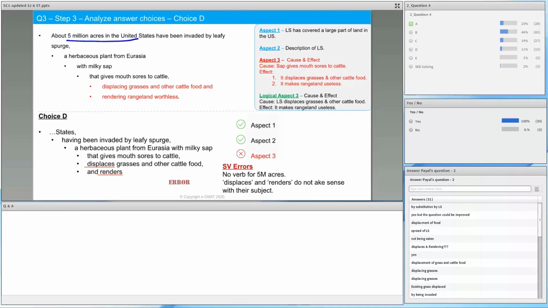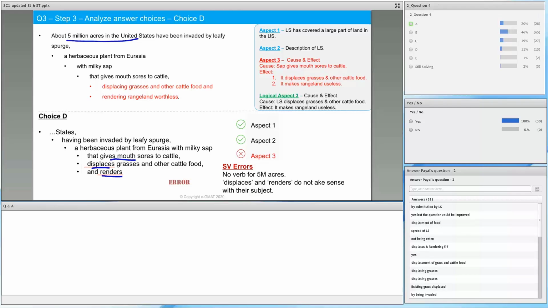Another error that we see in this one is that here we have a list which says herbaceous plant from Eurasia with milky sap that gives mouth sore. It is talking about milky sap. Then it says that milky sap displaces grasses and other cattle food. That is wrong. Milky sap does not displace grass. We know that. Logically, that's not possible. And renders rangeland useless.